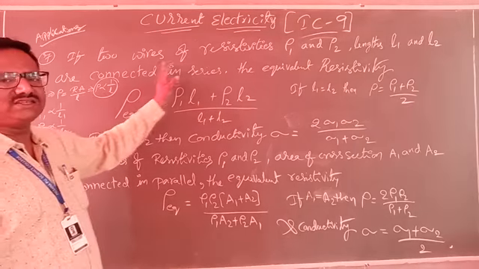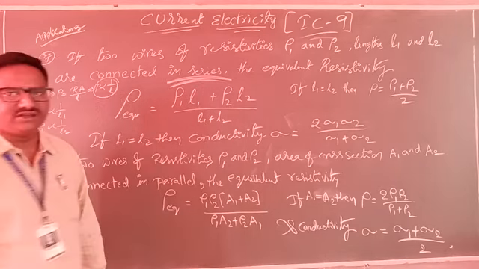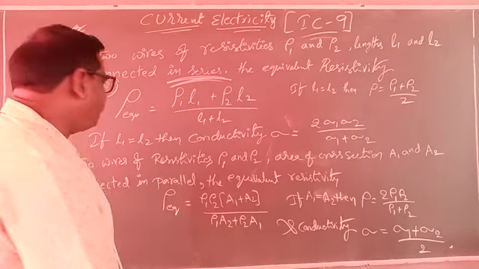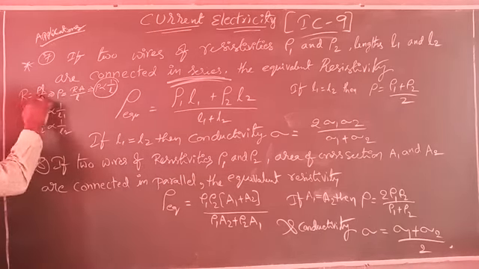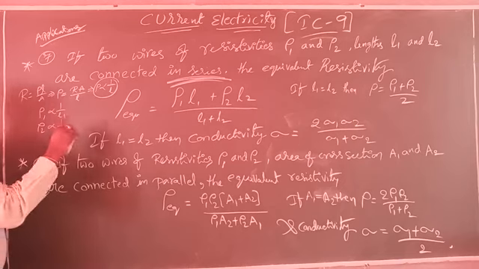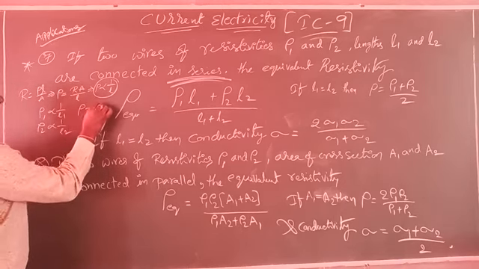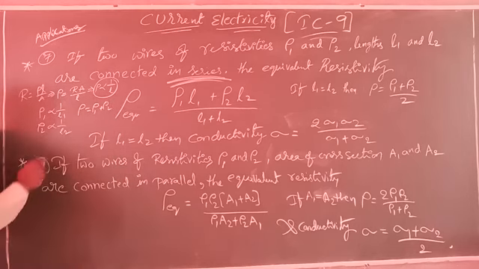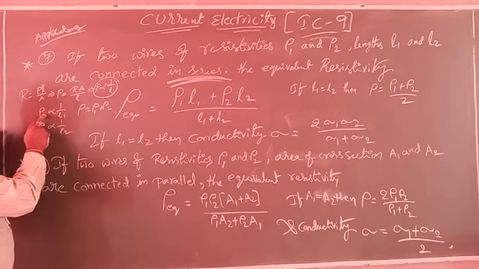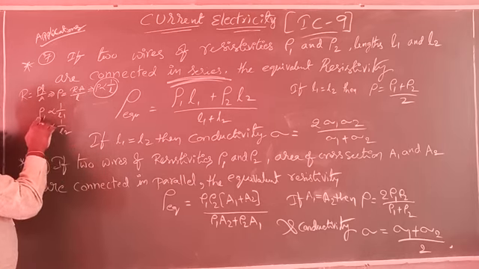Now these two wires are connected in series. Which combination is it? Series combination. In series combination, effective resistance we already know, R equal to R1 plus R2. Similarly, rho equal to, so effective rho 1 plus rho 2. Say yes or no? So instead of rho, what can I write now here? Very simple. Rho equivalent into L1 plus L2, because of total series.